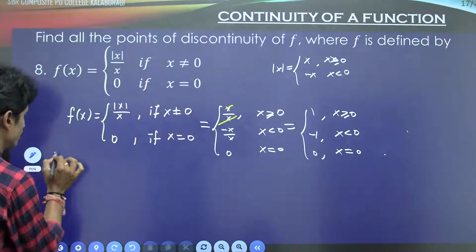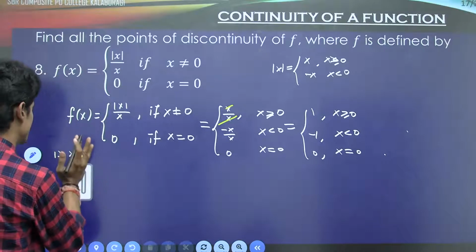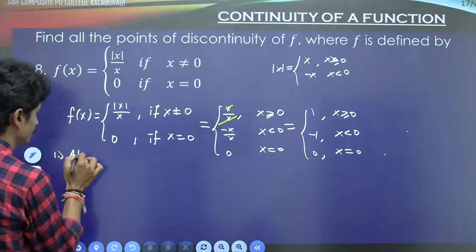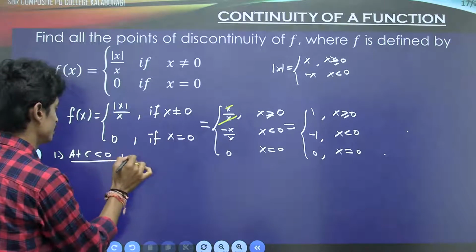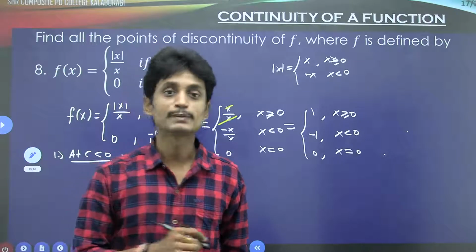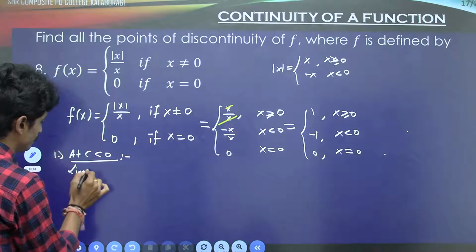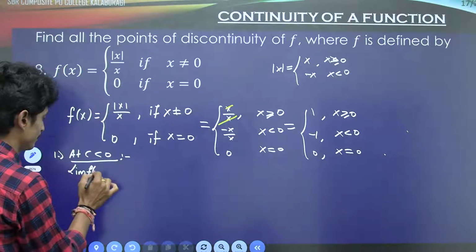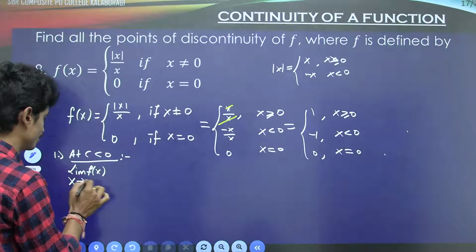What is our case number 1? At x equal to c, we can take c less than 0. C less than 0 means 0 to minus infinity. Our function will break or not, that we can check. First I will take the definition: limit of f of x as x tending to c.